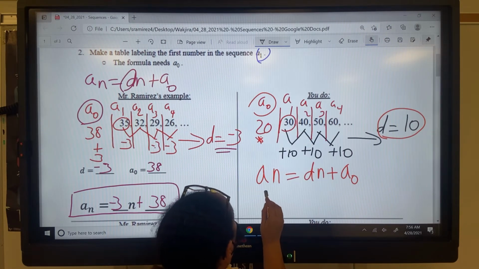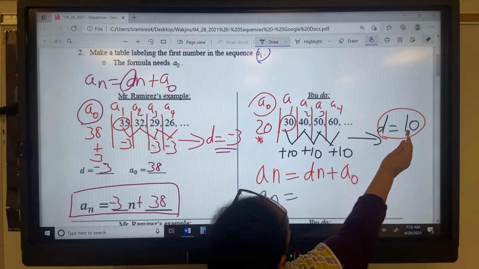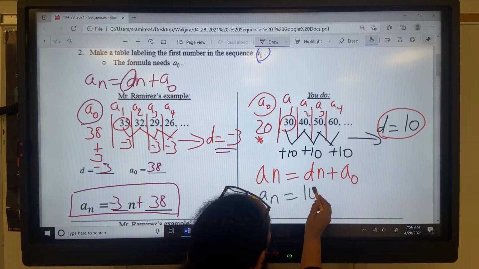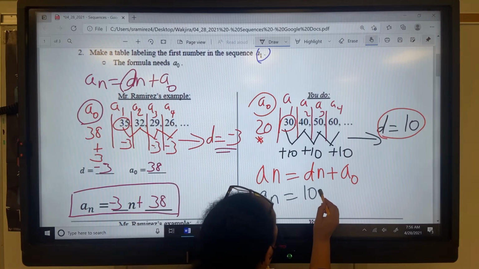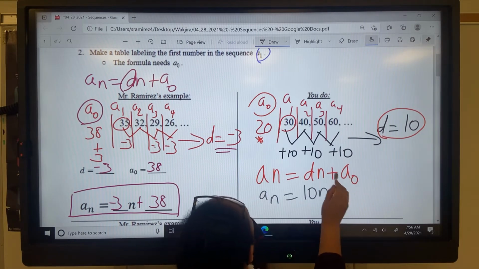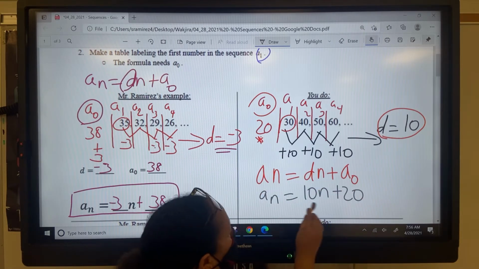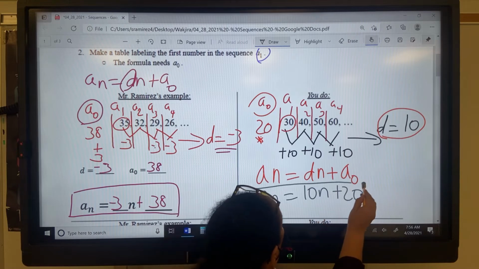Now we have A sub n equals, our D is 10, plus our A sub 0 is 20. So this is the formula we found.